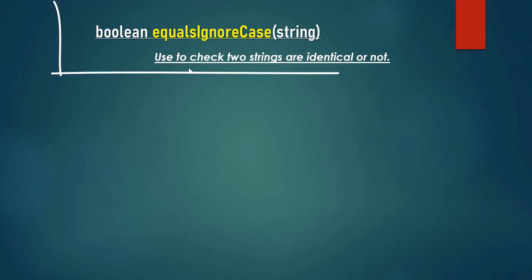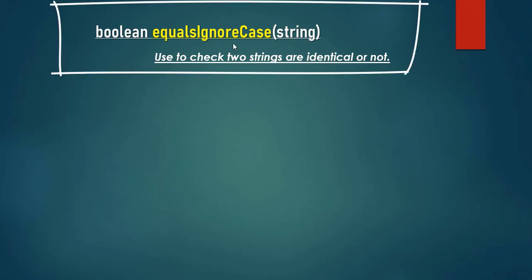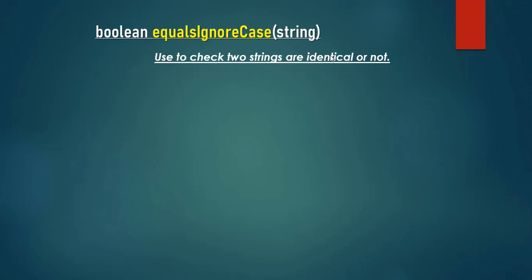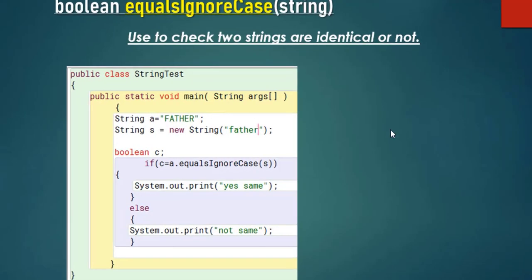Equals ignore case. This function is also used to check whether two strings are identical or not, even if the strings are written in different cases. See the example. Here the first string "FATHER" is in capital letters, but in the next one it is written in small letters.